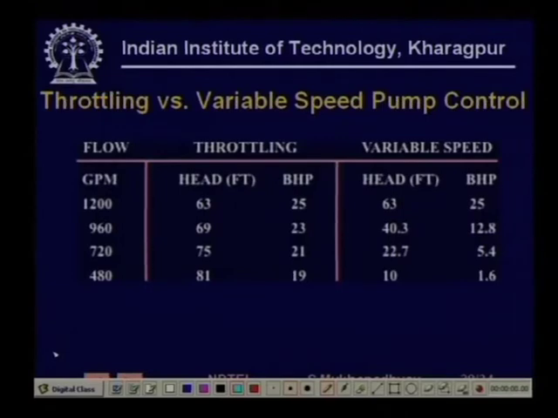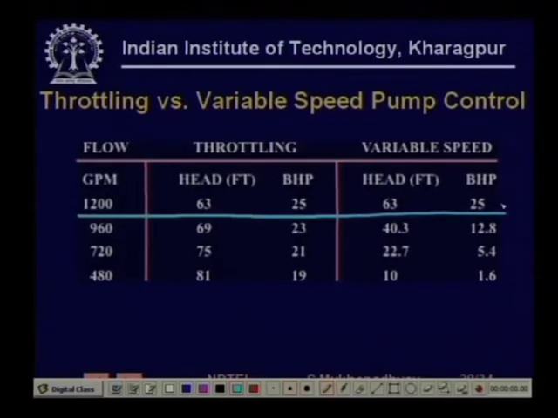At 1200 the head requirement and the BHP requirement is 25. At 960, for throttling it is 23, hardly reduced, but for variable speed drive it is much more reduced, again because of the fan and pump laws. So, a similar saving will result.